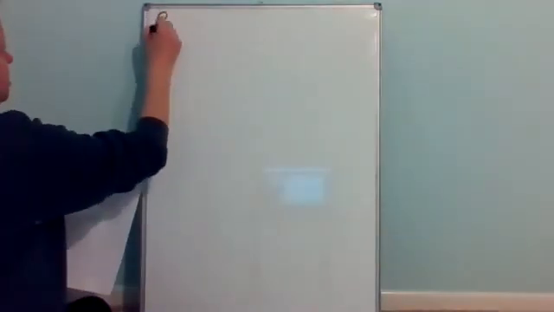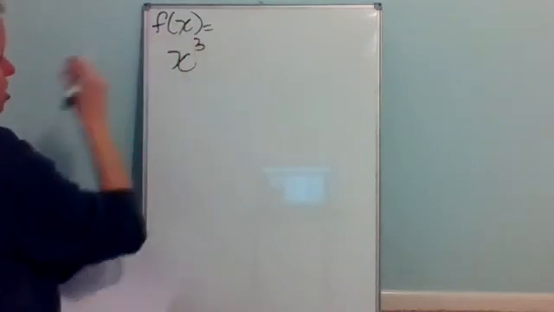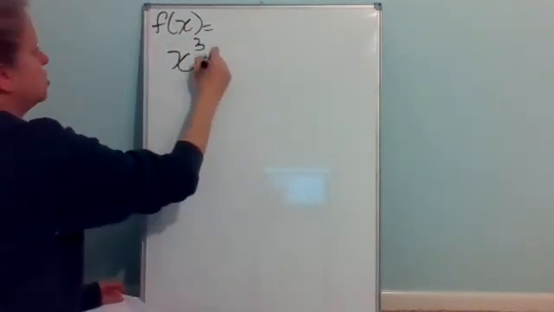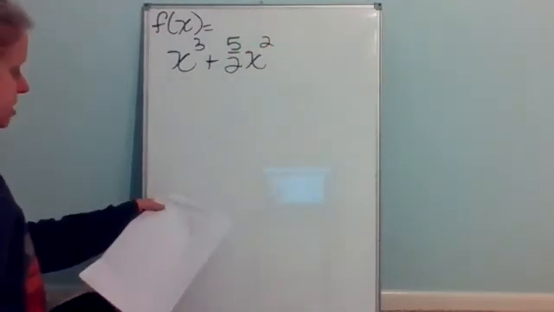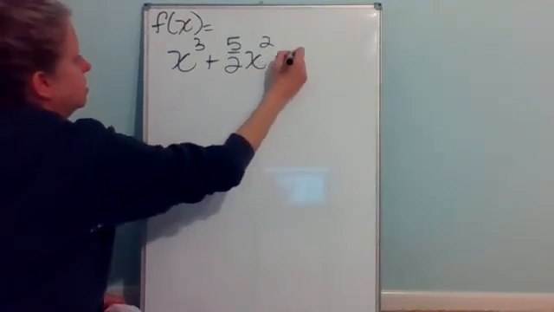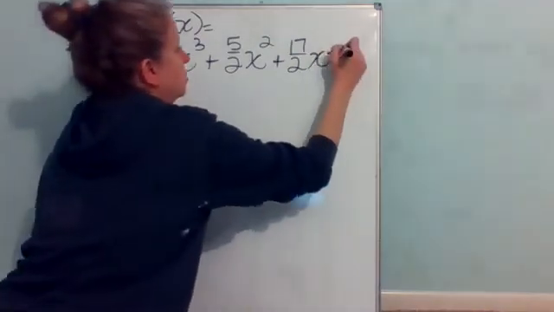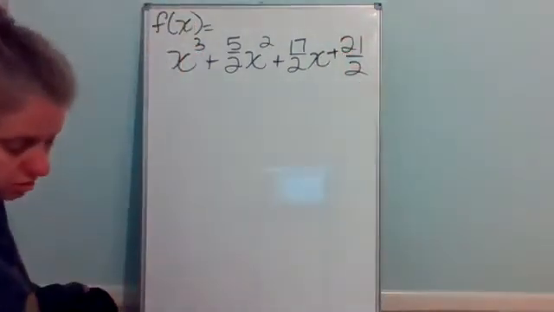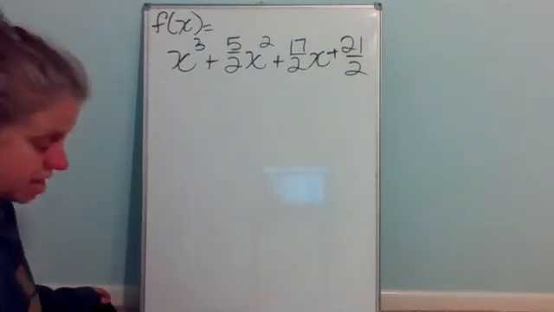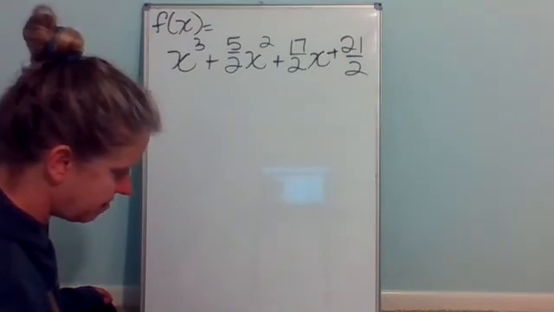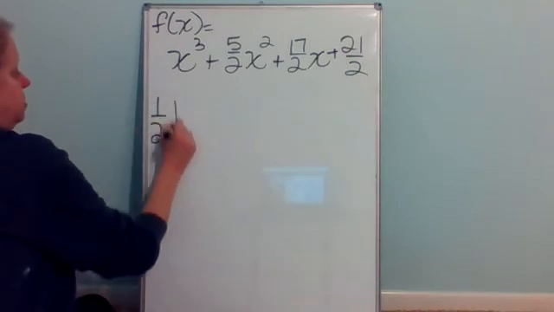We've got f of x equals x to the 3rd plus 5/2 x squared plus 17/2 x plus 21/2. And we are finding if positive 1/2 is a 0. So we're using 1/2.